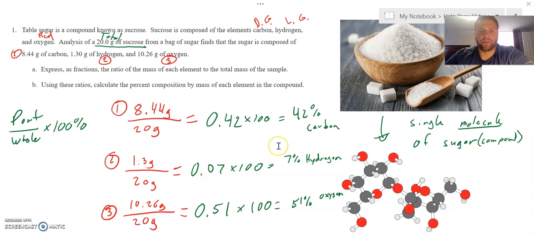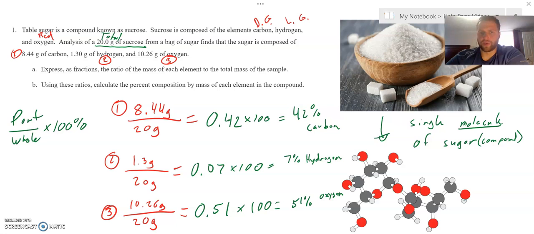All right, welcome back. Here's what you should have come up with. Our sample here is 42% carbon, 7% hydrogen. So again, 7% of these light grays, 42% are these dark grays, and oxygen should have come out to 51%. And these are these red particles that we see in the diagram.